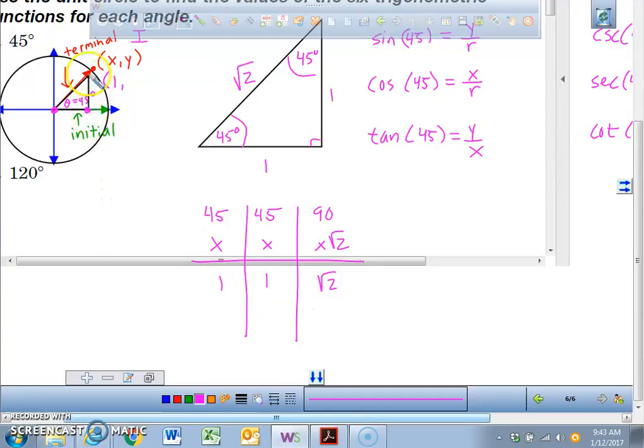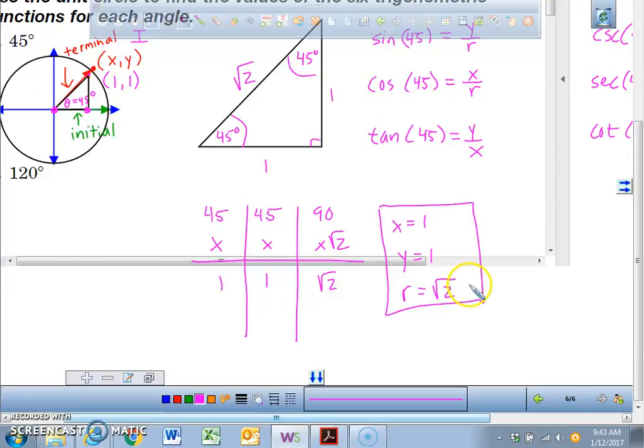From right here going up, what's our y value also have to be? 1. So x equals 1, y equals 1, and our radius is going to equal the distance known as radical 2.